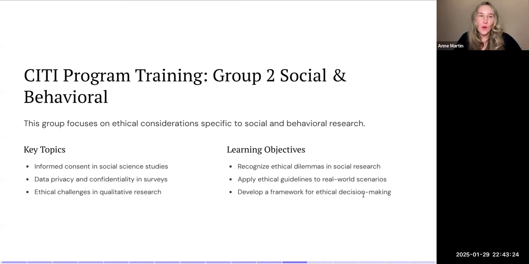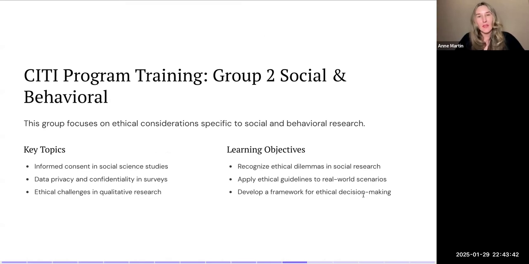So this week, you are also going to be doing the CITI training, the Group 2 Social and Behavioral, which goes through a lot more detail about the ethical considerations. It is the training for the Georgia State IRB, and it's also used at a lot of other institutions as well.